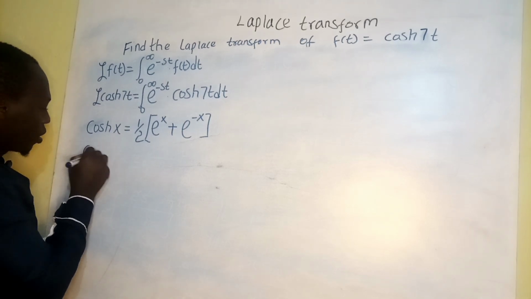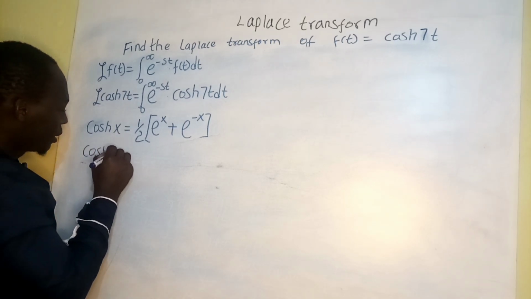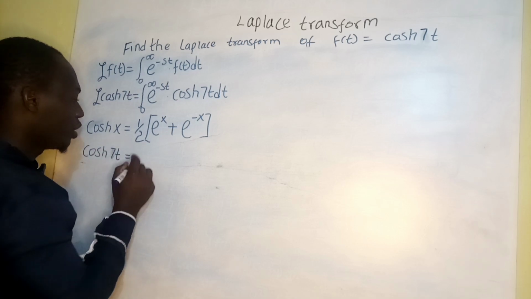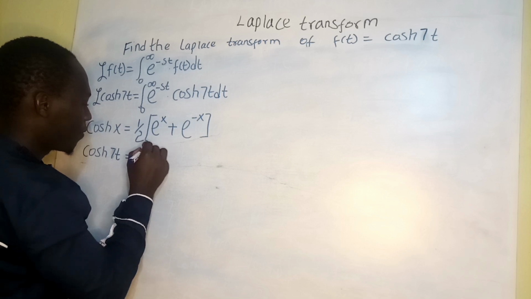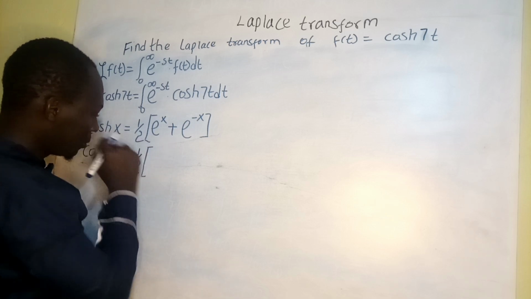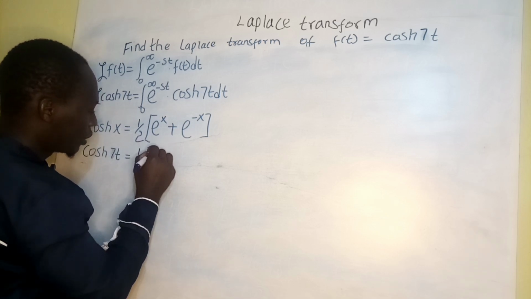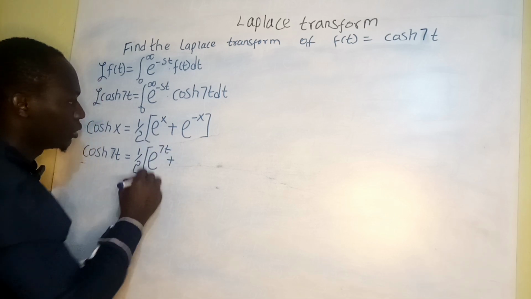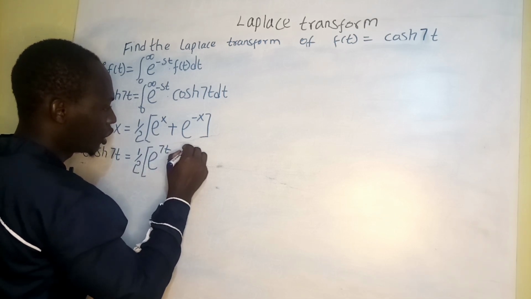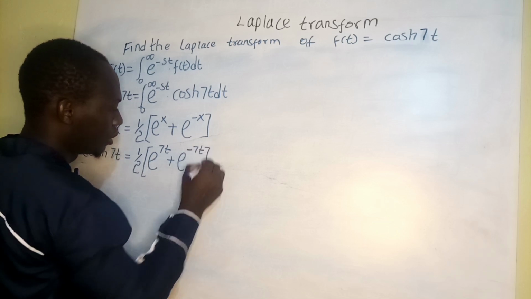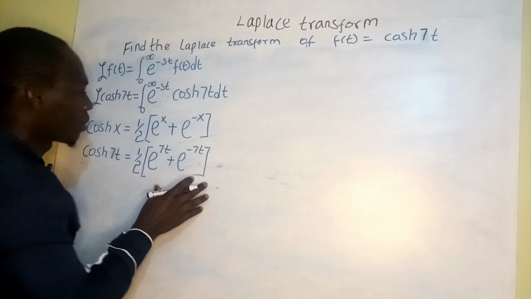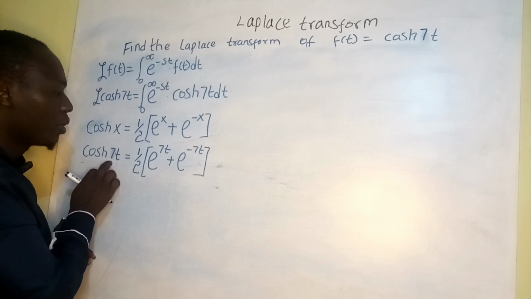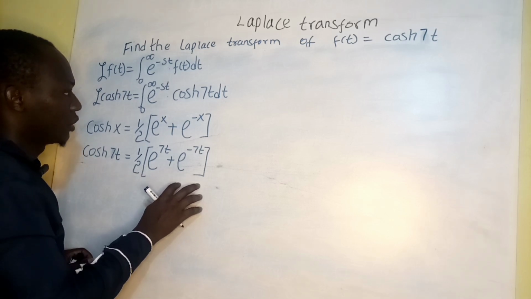So cosh 7t is going to be equal to a half into exponential 7t plus exponential negative 7t. We've already converted the cosh 7t into an exponential.